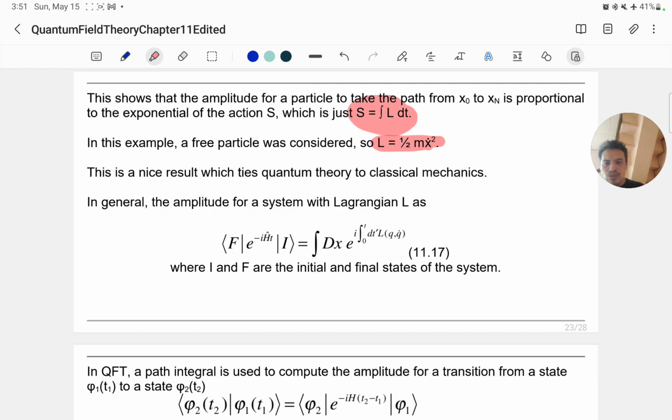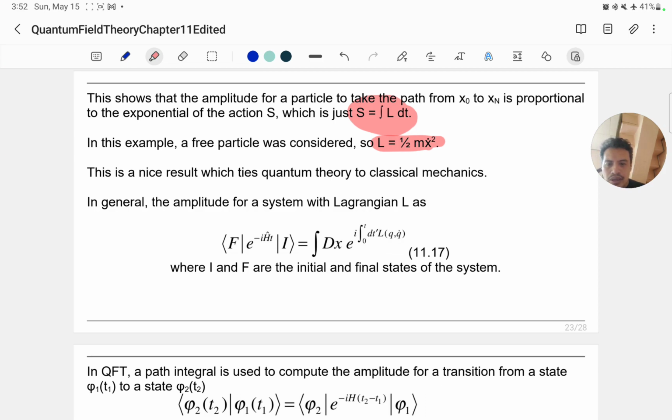So in general, the amplitude for a system with Lagrangian L, or in momentum space, you would also have a Hamiltonian instead of the Lagrangian.